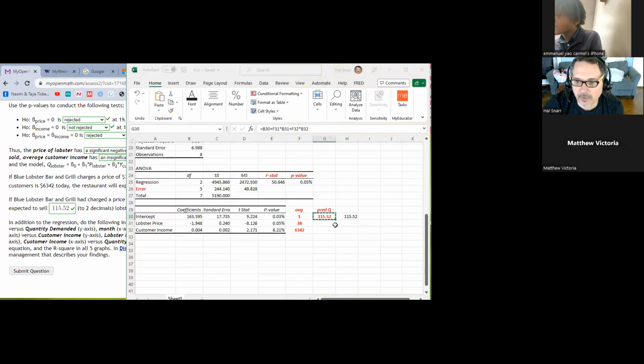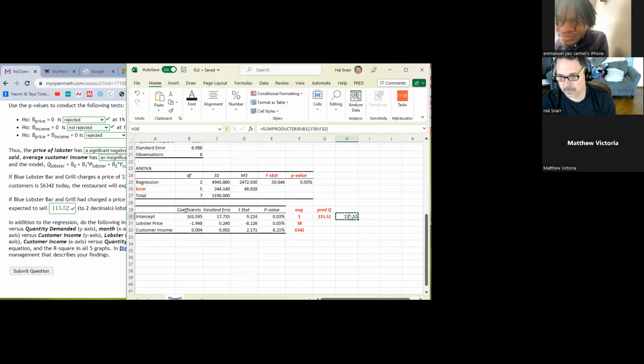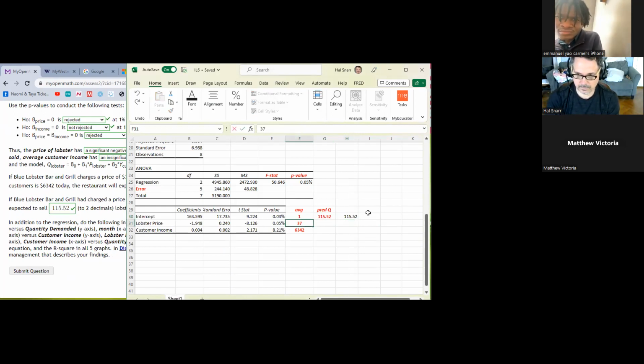Now, here's something to note. I'm going to copy this and paste it as a value. I'm going to change this back to 37. What's the difference between these two? $1.95.